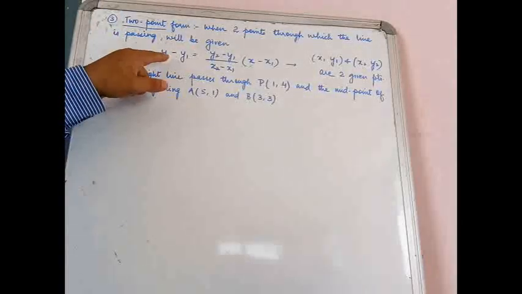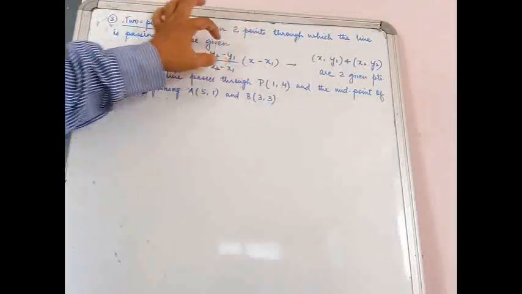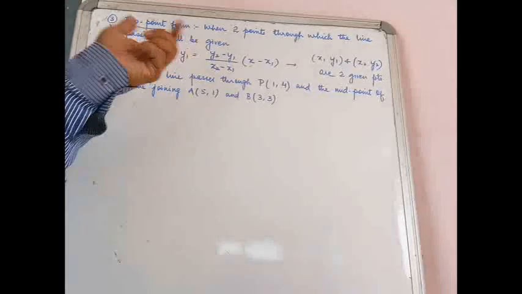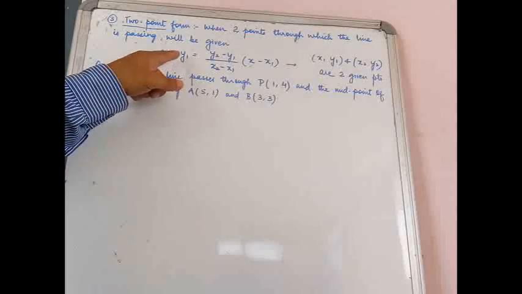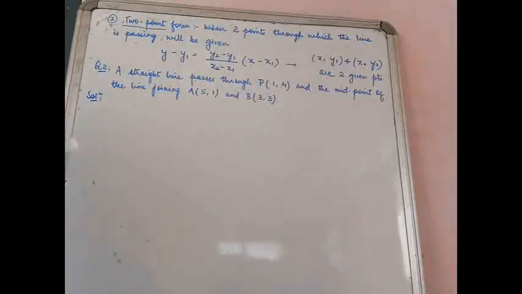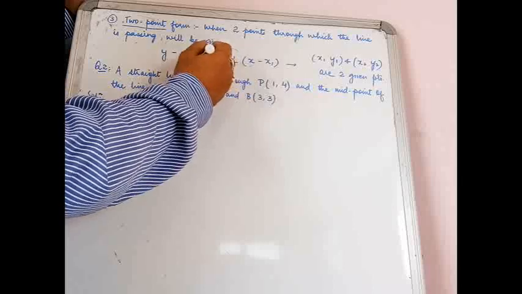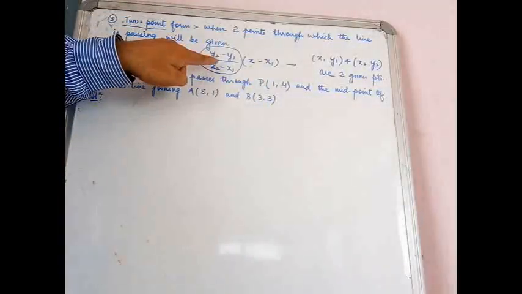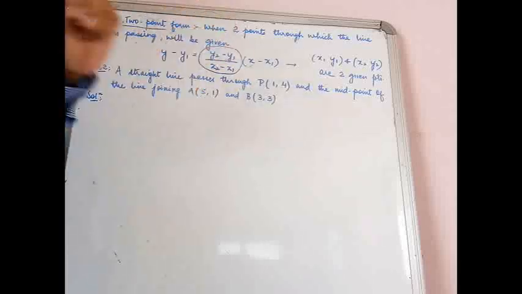Okay, so in that case, you see, although this form looks pretty complex, I'll explain what this particular thing is. You see, y minus y1 is equal to, now this entire thing over here is nothing but the slope when 2 points are given.